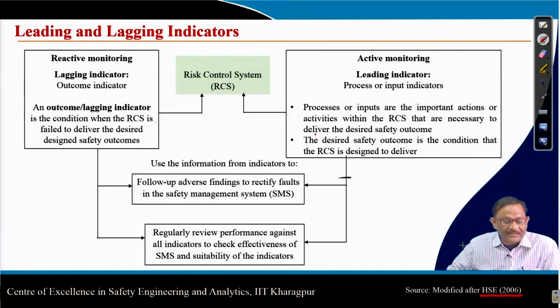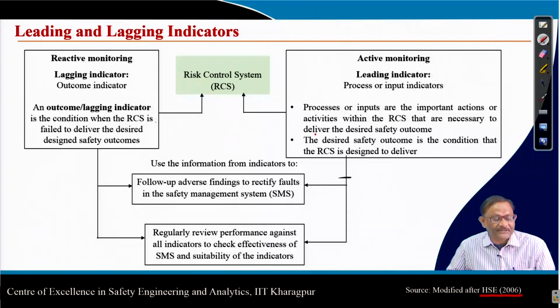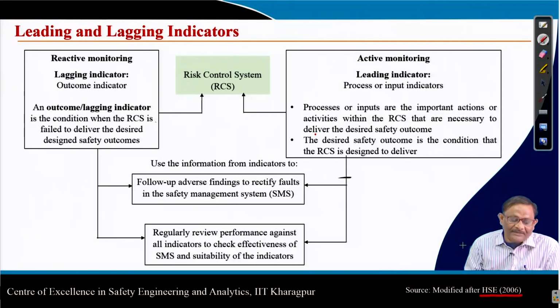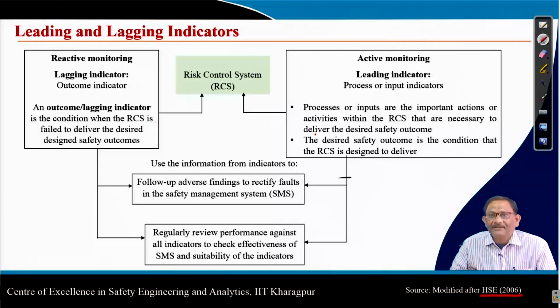There they say that the outcome indicator is the condition when the RCS gives the desired safety outcomes, but it is something like a binary thing. So the RCS is either giving desired outcomes or not giving desired safety outcomes, and this is the total space, complete: desired outcomes plus undesired ones.